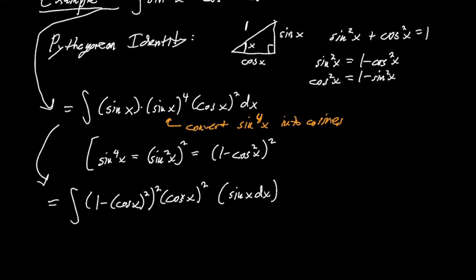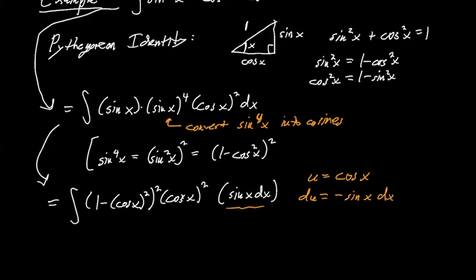And the reason I'm doing that is that you can see now, if you let u be cosine, these will turn into u's. And then we basically have a du. There's a negative you pick up, because when you differentiate cosine, you get negative sine. So let's take u equals cosine. So du is minus sine x dx.